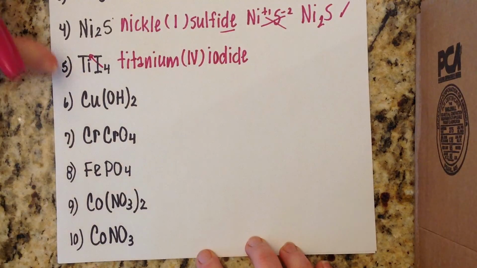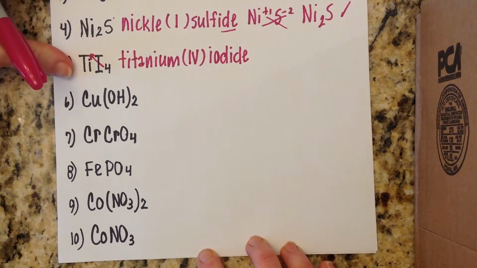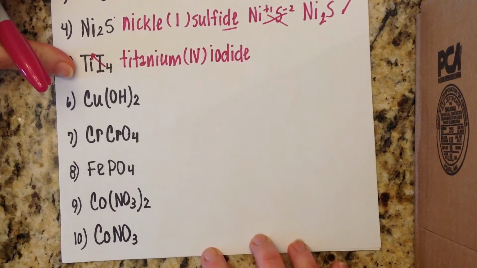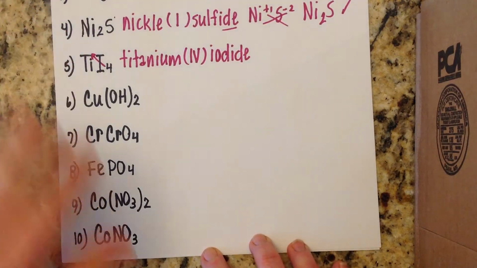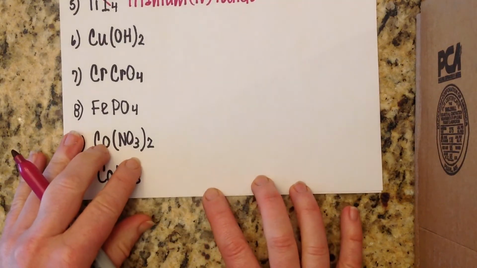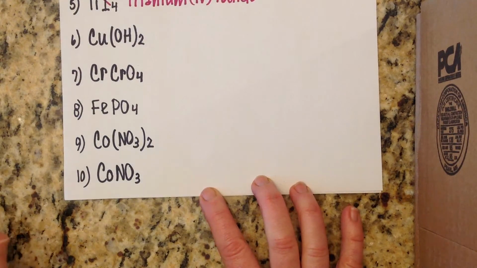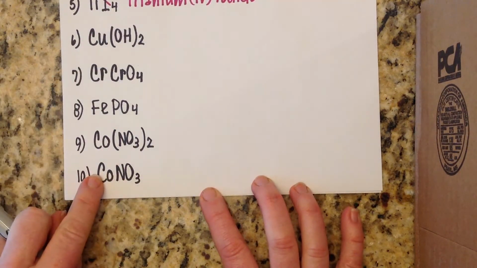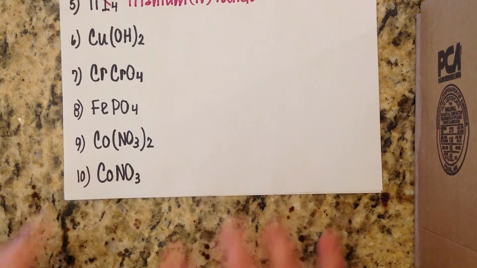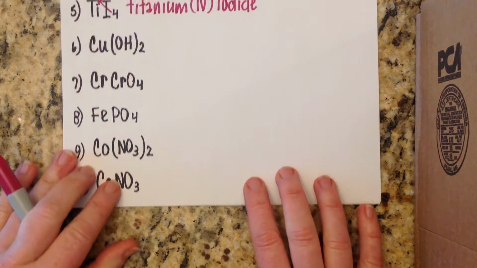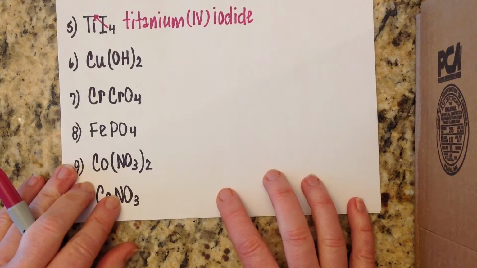Okay, so these are all binary ionic compounds with transition metals. We are going to continue with the same thing, only these are not binary. These are ionic compounds with polyatomic ions in them. They have transition metals, so I'm going to use the Stock method, and everything else is exactly the same, just like what we've been doing.